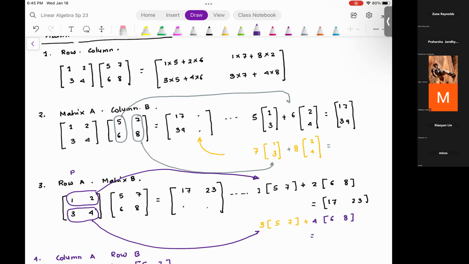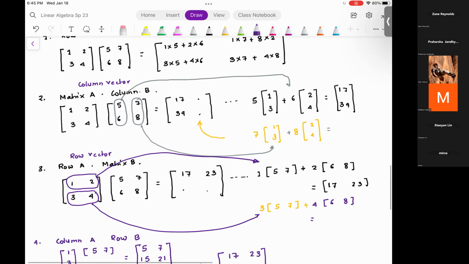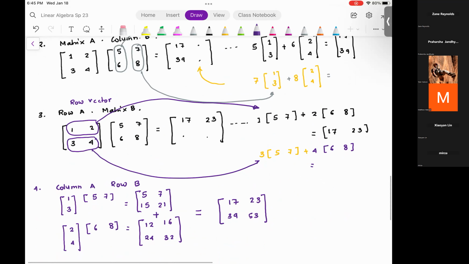So let me write that row vector. This is you are using column vector. And here you just flip row times column to column times row, and still we got the exact same answer.